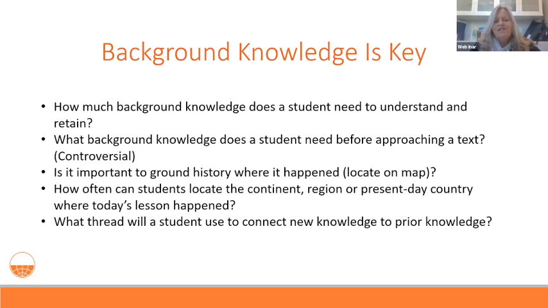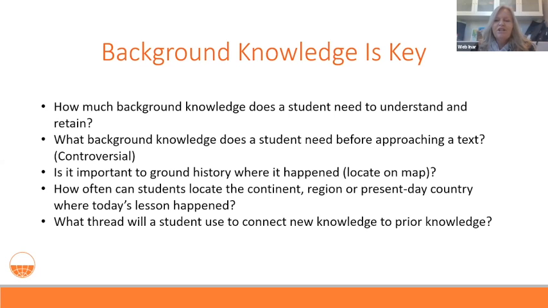So here's my question, because I propose that background knowledge is pretty key to students wrestling with any text. And so here are my questions to the group. How much background knowledge do you think a student needs to understand and retain a lesson? And this one's controversial, but how much background knowledge do you think a student needs before approaching a text?